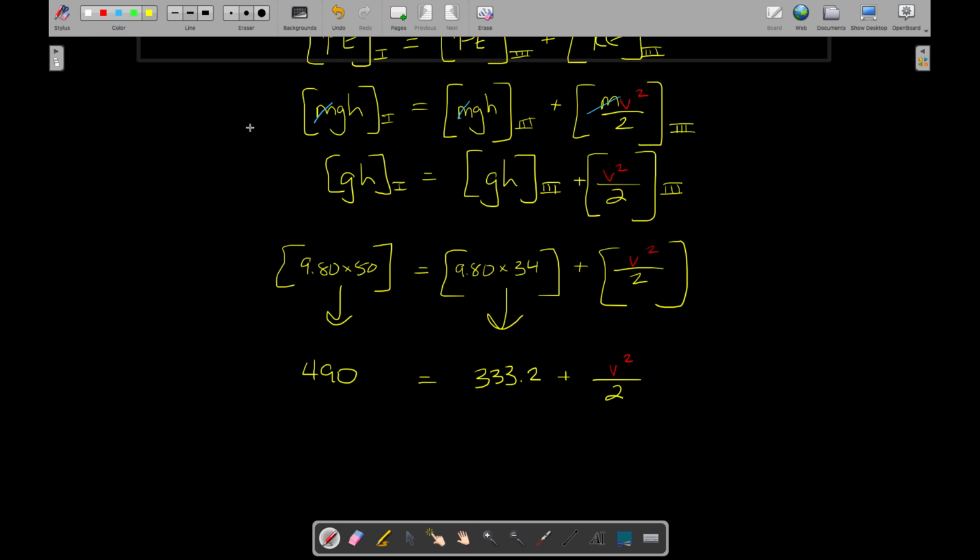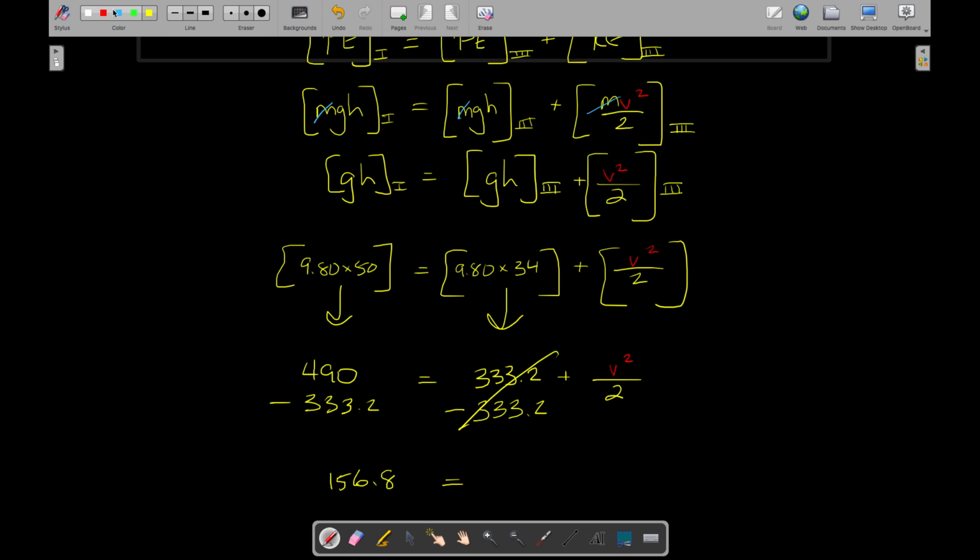Now you can rearrange the equation because it's as simple as we can get it. So I'm going to subtract 333.2 on both sides. And so that cancels out. And now if we just subtract that, we get 156.8.